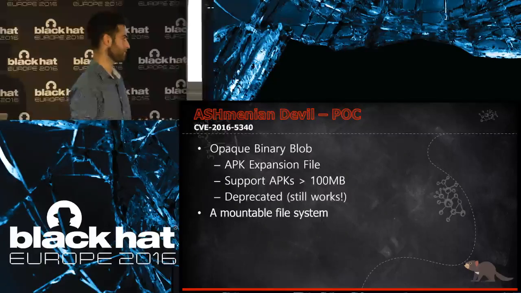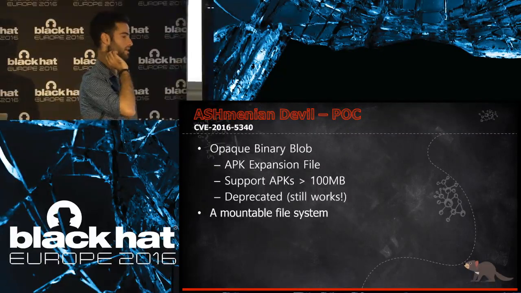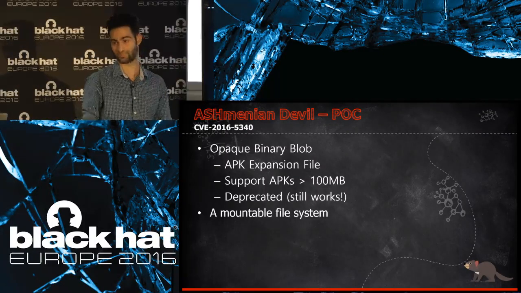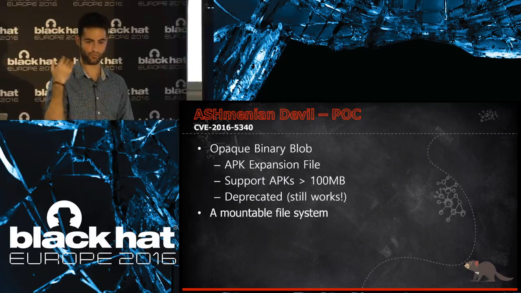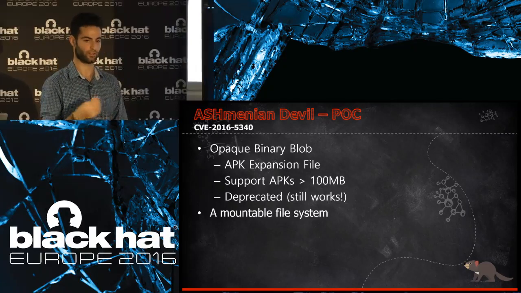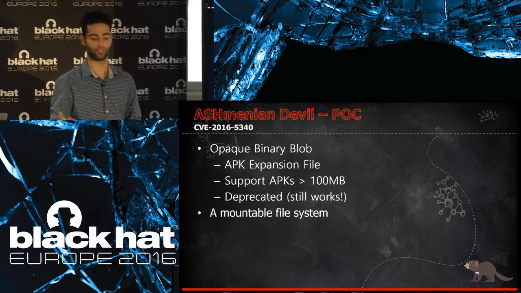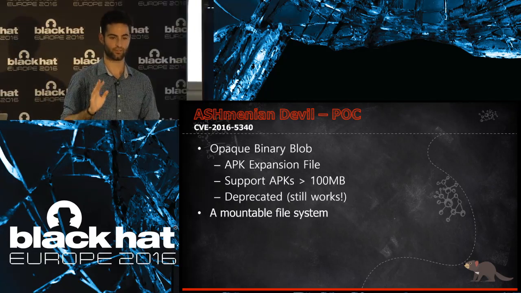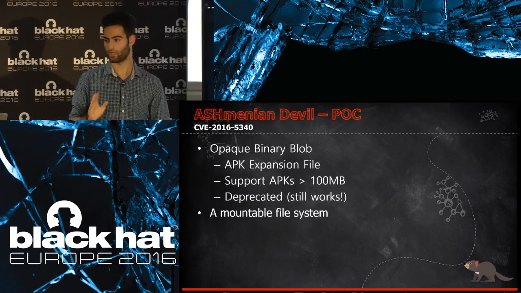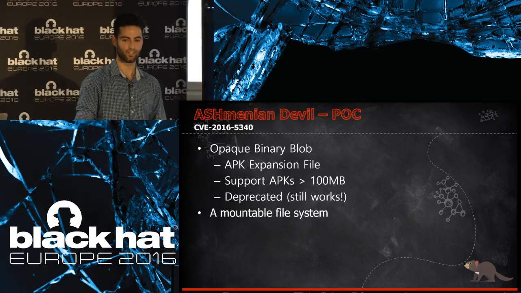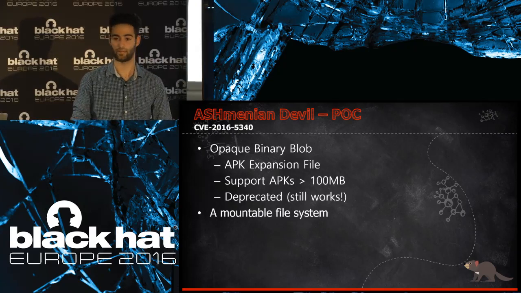So, OBB is Opaque Binary Blob, is deprecated but still works. A few years ago, if you wanted to upload an app to the Google Play, it mustn't be more than 100 megabytes. So let's take, for example, games.